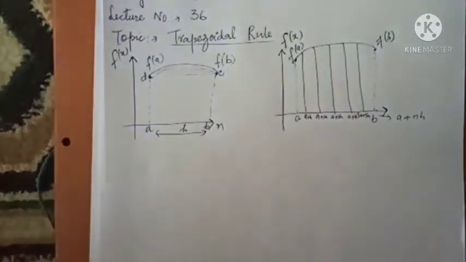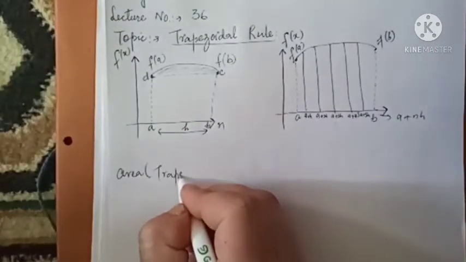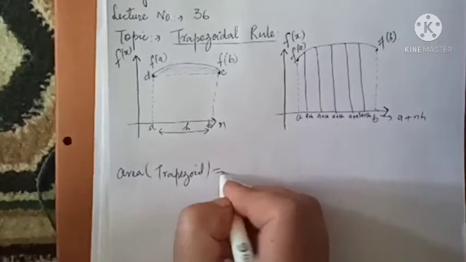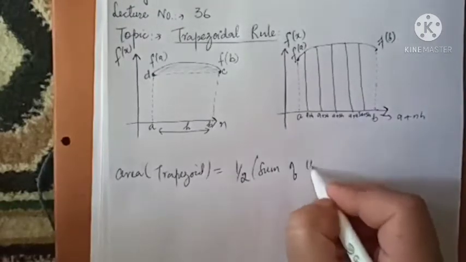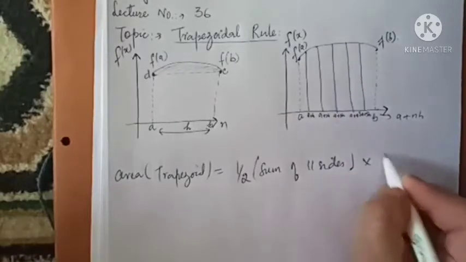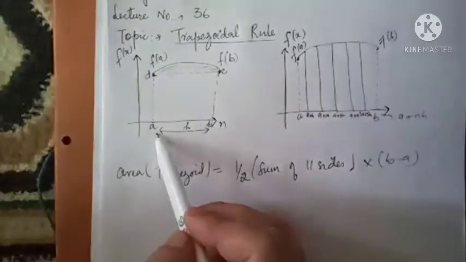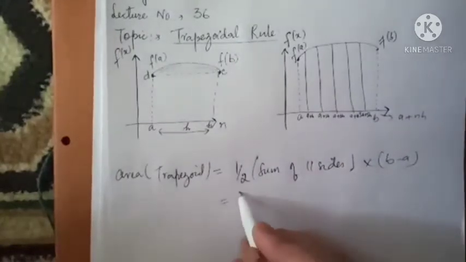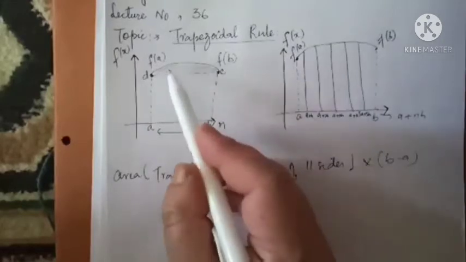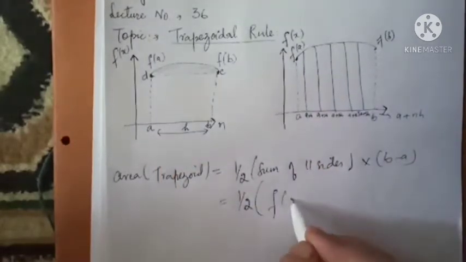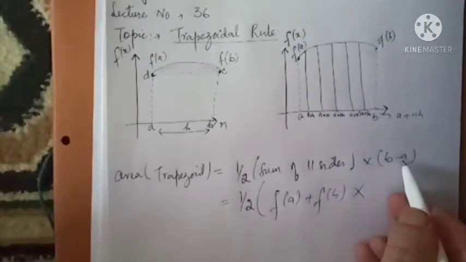We know that the area of a trapezoid is equal to half the sum of the parallel sides into b minus a. The half sum of the parallel sides will be f of a plus f of b, into b minus a.